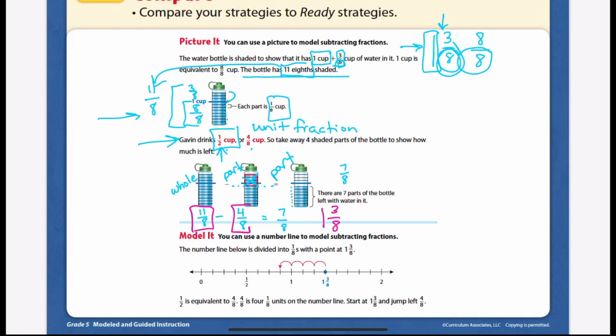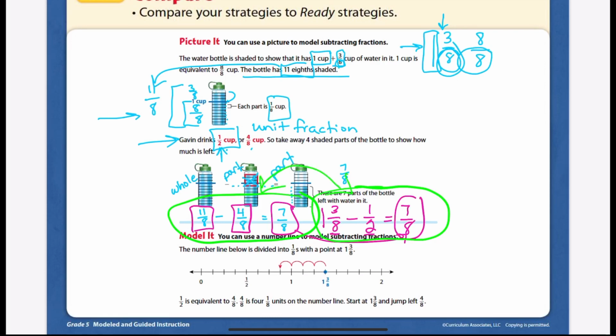And then the 4/8 is equivalent to that 1/2 that he drank, right? And then our answer, the difference, is still 7/8 because the common denominator, guys, is that 8th. So I just want you to see how all of that is related, that this equation right here is equivalent to this equation right here. These are the same thing, just written different ways.